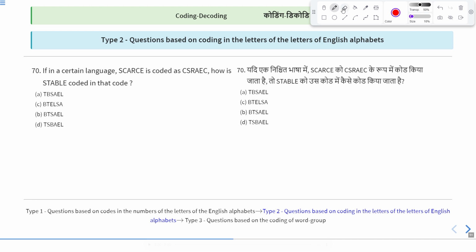In a certain language, gears is written as CSRAEF. How is this table written as?